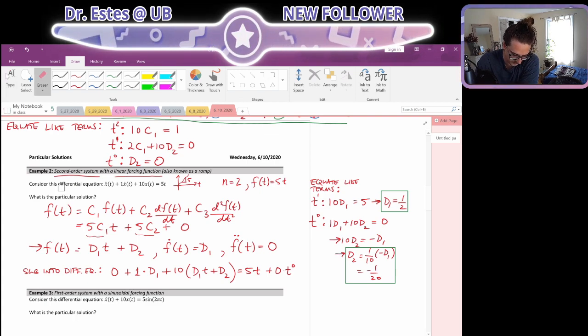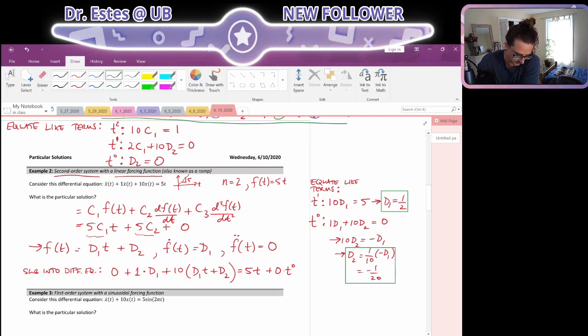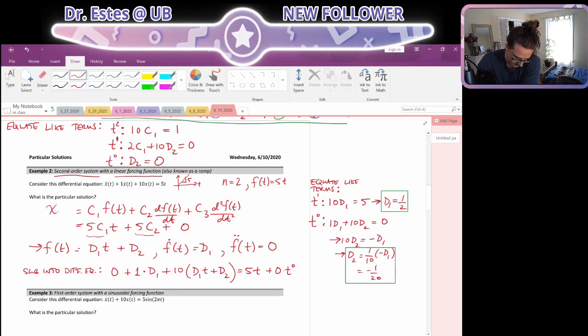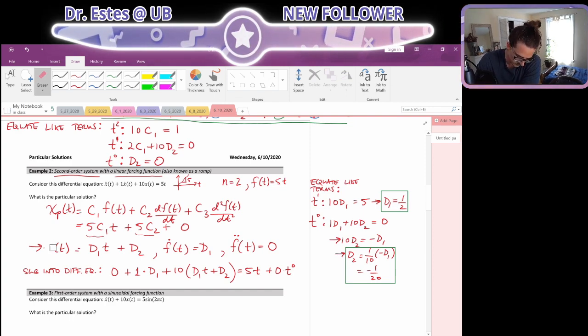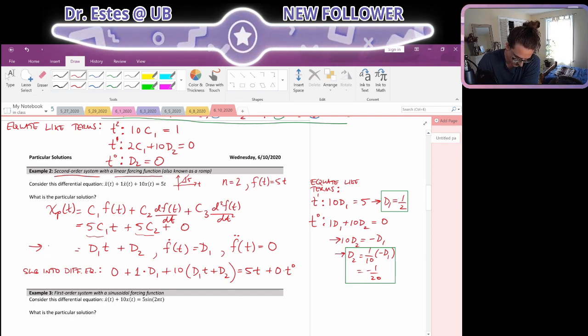I wrote f of t is equal to all this stuff. That's definitely not what it is. This should be the particular solution, xp of t. I'm sorry about that.